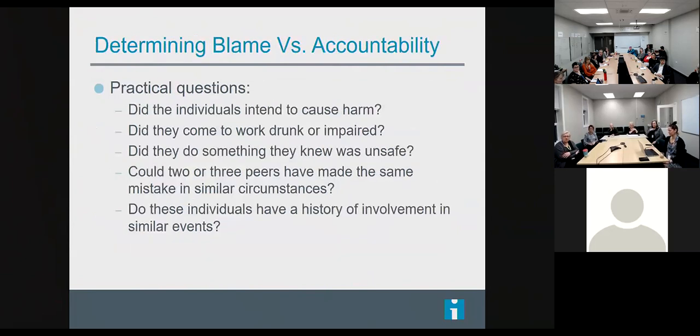So this slide tells us about accountability versus blame. When I got to looking at this part of the presentation, I have to say I kind of went, not a big fan of these slides. The reason for that is, as a clinical risk management coordinator, we focus on error. We focus on reducing harm for the patient.